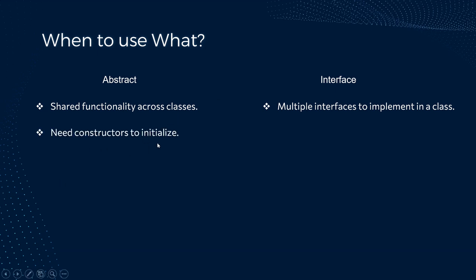Need a constructor to initialize: when there is a need to initialize some data members of the class, then you can use the abstract class because it supports constructors. Here we have multiple behaviors.